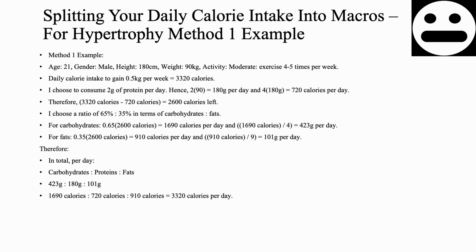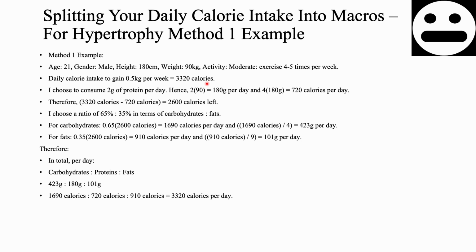Now here is an example for method 1. So let's say we have person A, age 21, gender male, height 180 centimeters, weight 90 kg, activity moderate, exercise 4 to 5 times per week. Cool. Now, if you use the website and put all these numbers in, you will get a daily calorie intake to gain 0.5 kg per week of 3320 calories.